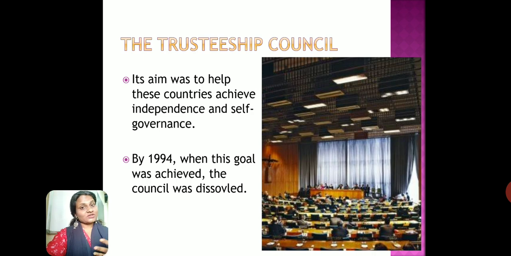Apart from that, it was also able to help many countries to achieve their independence, and also to help have self-governance, that they were able to govern their own countries on their own without any interference from any other country, or no foreign country was ruling their country.